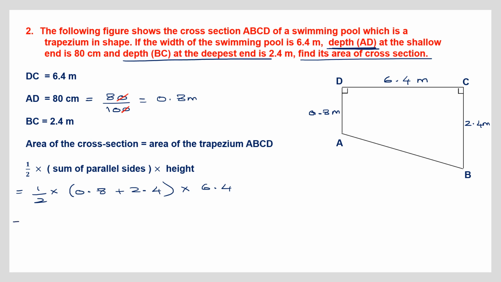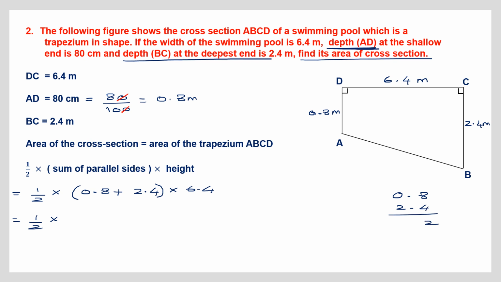Now we just have to simplify this. So first let's do the addition. 1 by 2 into, now let's add this up, 0.8 plus 2.4. 8 plus 4 is 12, carry 1 is 3, 3.2. So this is 3.2 into 6.4. So first let's cancel and see what we can. I can cancel this.